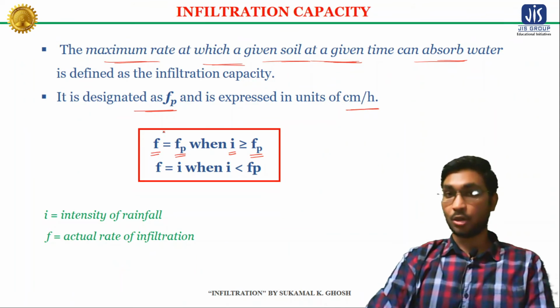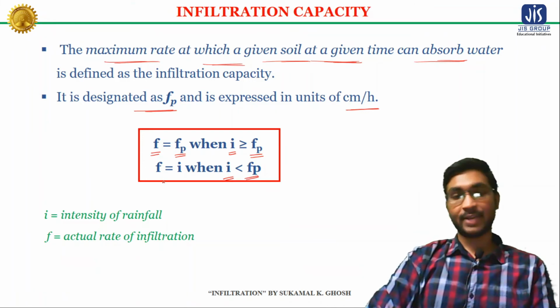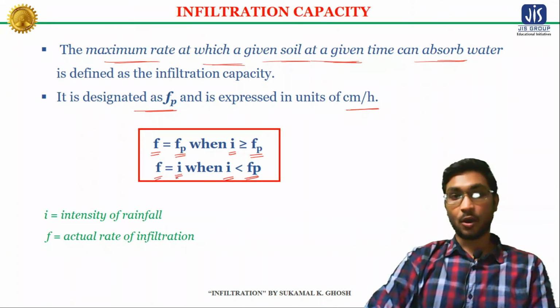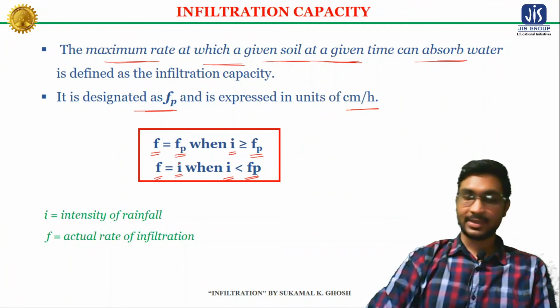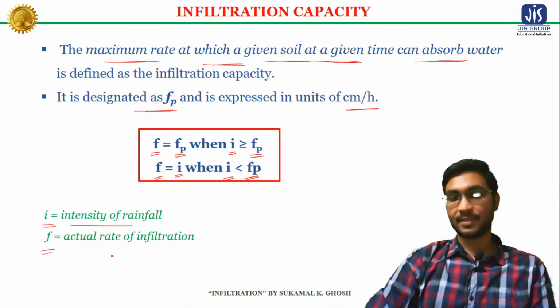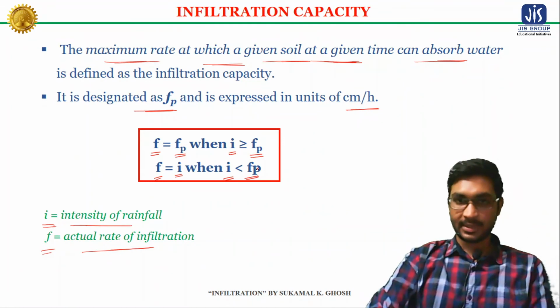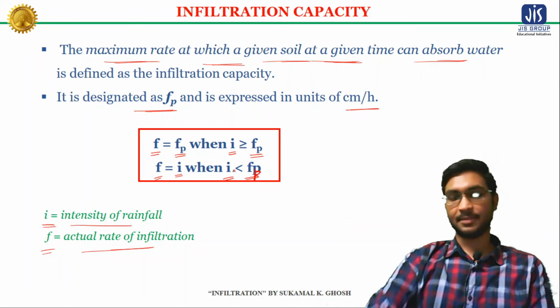On the other hand, if the intensity of rainfall is less than the infiltration capacity, then the actual rate of infiltration, that is f, will be equal to the intensity of rainfall, that is i. See, it has been written over here that i is the intensity of rainfall and f is the actual rate of infiltration. This will be f suffix p.